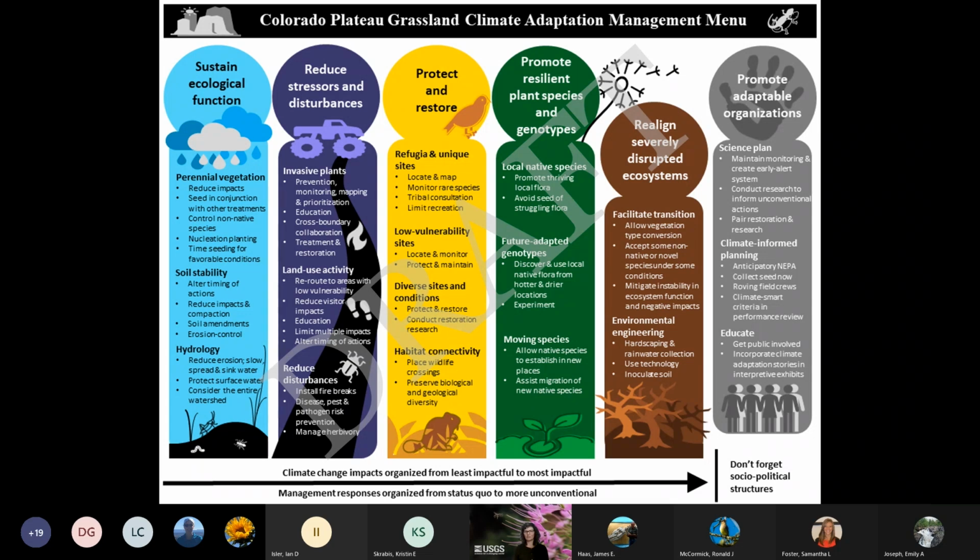They can put it on their wall, and then when they're going through project planning, they can look at this and make their projects more climate smart. Colorado Plateau Grassland Climate Adaptation Management Menu includes 6 columns with headings including sustained ecological function, reduce stressors and disturbances, protect and restore, promote resilient plant species and genotypes, realign severely disrupted ecosystems, and promote adaptable organizations.